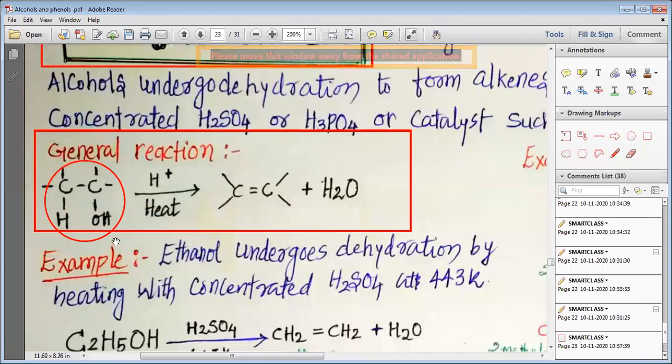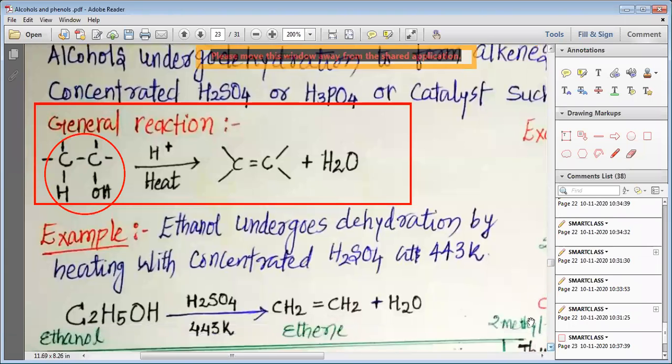You can see that there are two carbons present: on one carbon we have hydrogen, on the other carbon we have a hydroxyl group, which makes it an alcohol. In the presence of a protic acid like sulfuric acid, when it is heated, the water molecule, H and OH together, is removed from this reaction and we get an alkene.